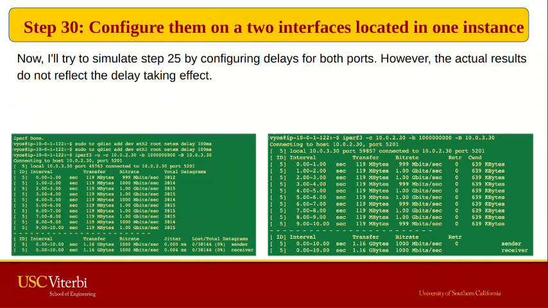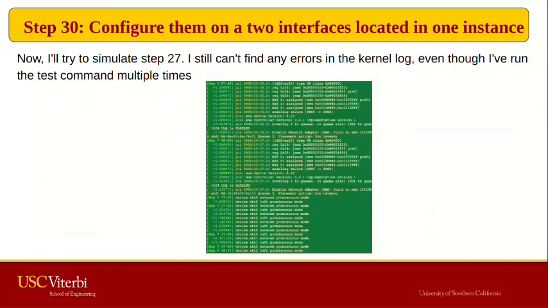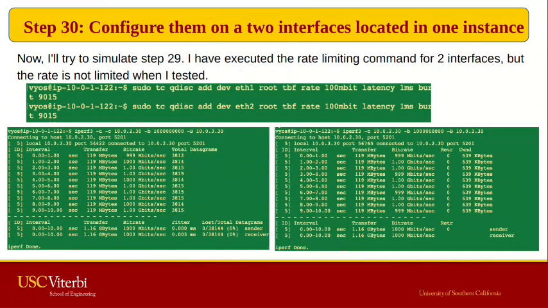So it's like a local loopback, and the speed was pretty high. If we want to curb the speed, add some latency, or add random packet loss, you may find it is not valid, because it is the local loopback.